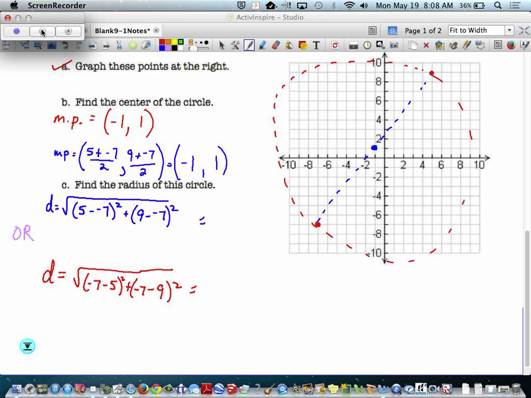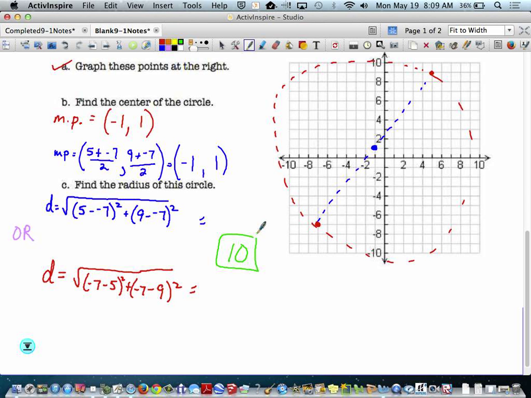What are we getting for the distance? 10? Let's just double check one of these. 5 minus negative 7 is 12. 12 squared is 144. 9 minus a negative 7 is 16.